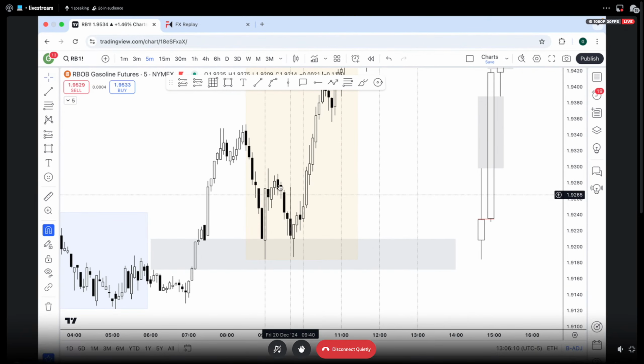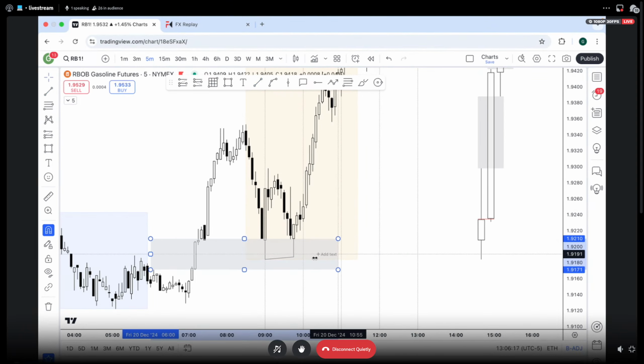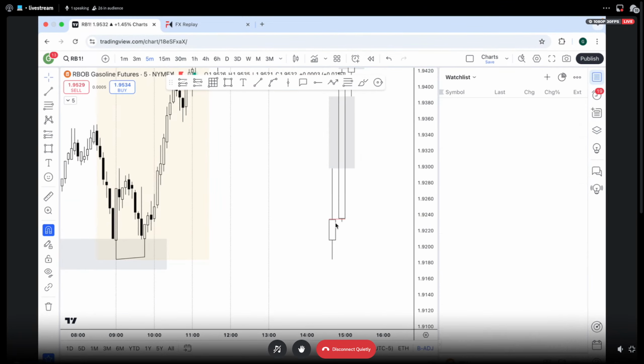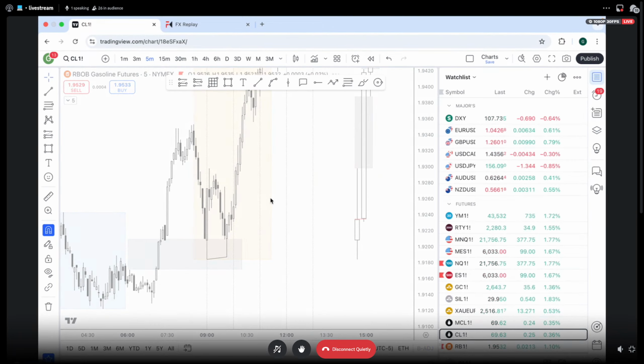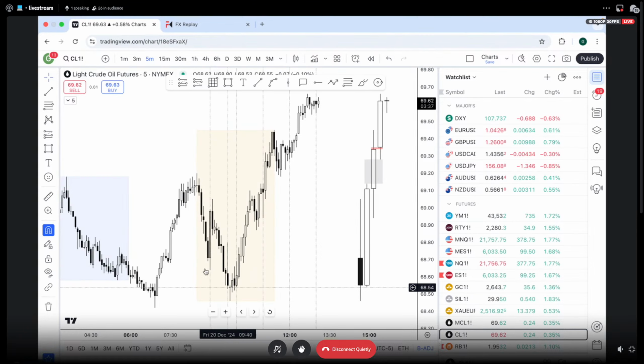So yeah, this is technically valid because if you go through the course, if I show you here on CL, we actually take out this low here. So we actually revert to these. So you see the 915 candles.